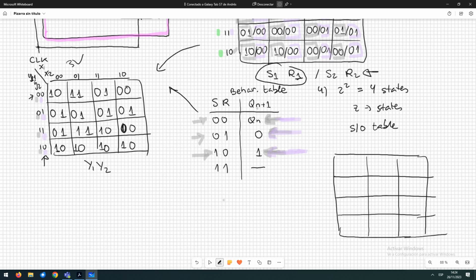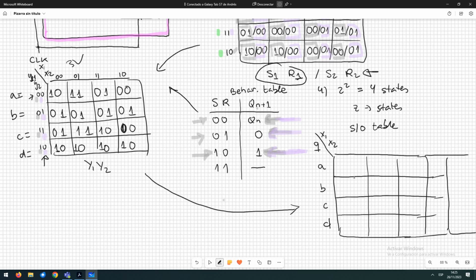So we have the state and 2 inputs. Here we have the state, and for example, I'm going to call the states A, B, C, and D. So copying the transition table is just copying the transition table using the names of the states, and adding an extra column for the output.